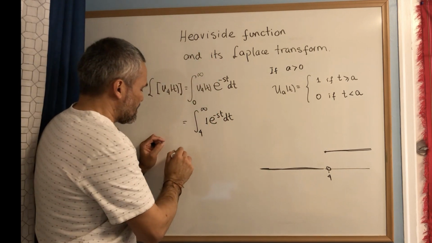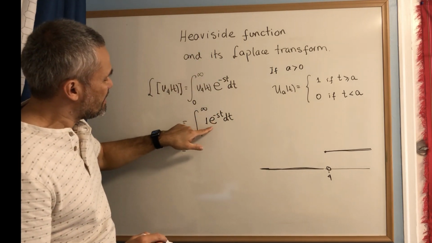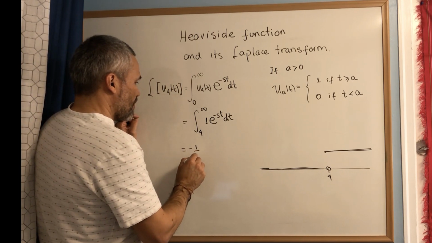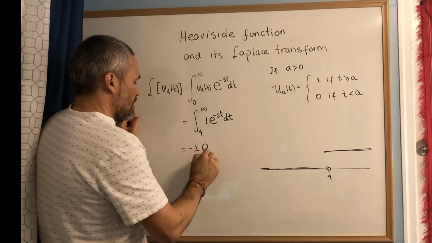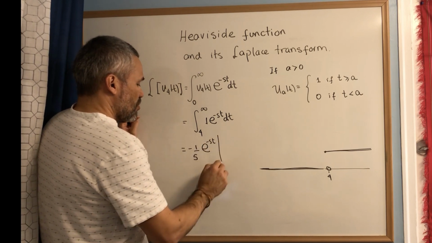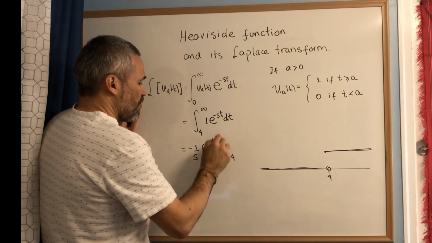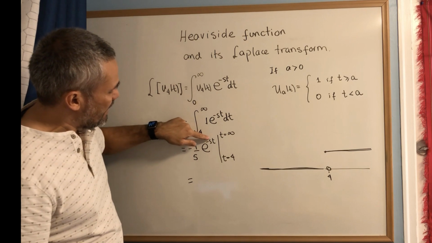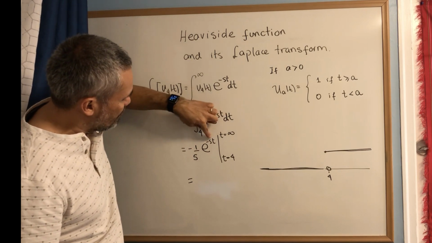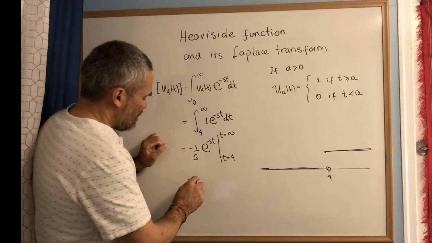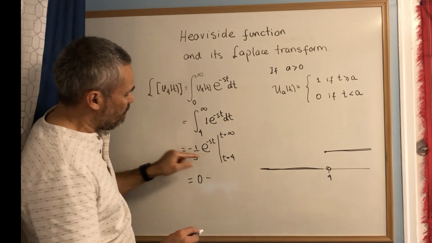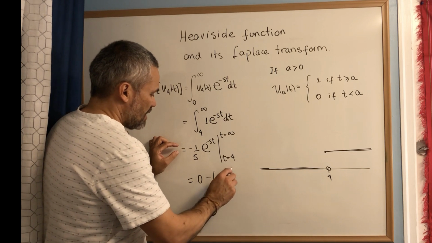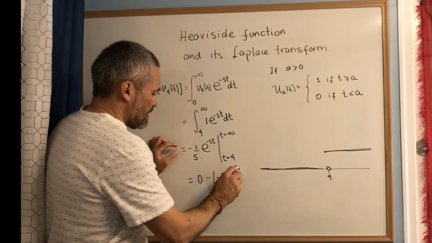But we can compute this explicitly. The antiderivative is negative 1 over s times e to the negative st, from t equals 4 to t equals infinity. If we assume that s is positive, when t goes to infinity, the limit goes to 0. And when t is equal to 4, this would be minus 1 over s times e to the negative 4s.